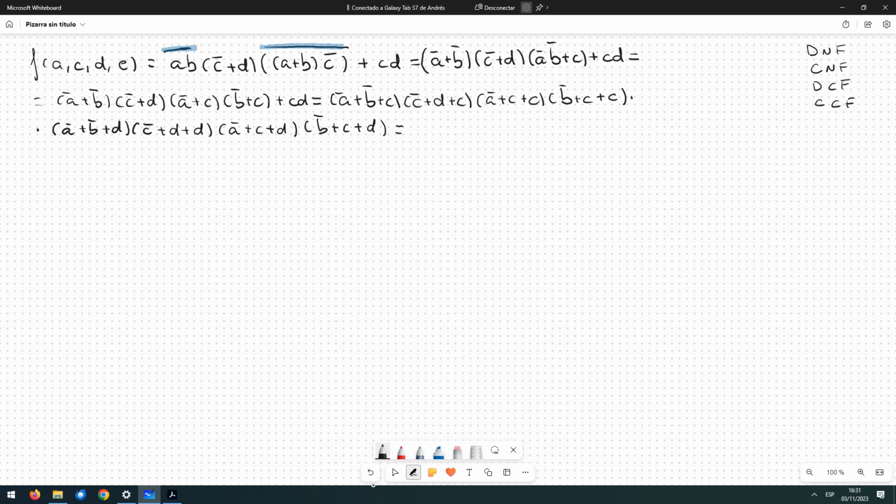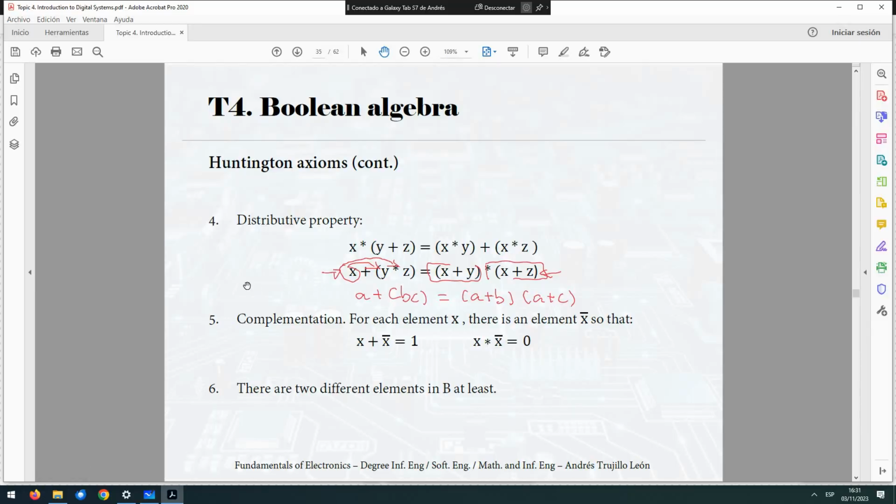Now we are going to see if we can eliminate or reduce some of the sum terms that we have. We can use the complementation axiom and the idempotent law. I'm going to remind you of this. The complementation is this: if we have a variable and the same variable negated, it is 1 in a sum, but it's 0 in a product. So we are going to look for terms that have the variable negated and non-negated.